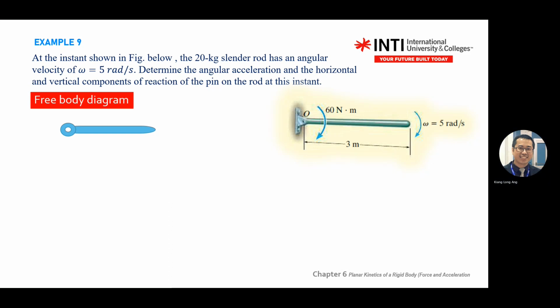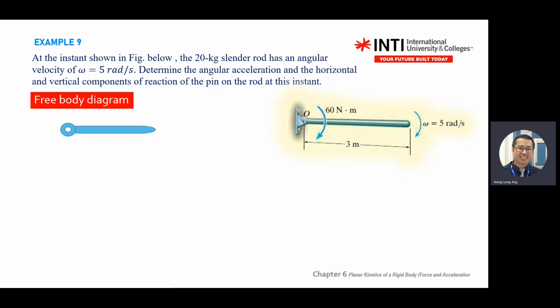a_n is the normal acceleration, but you have to link it with the angular parameter.